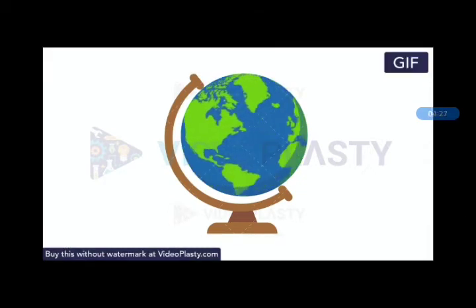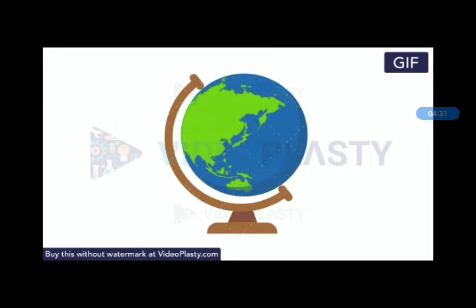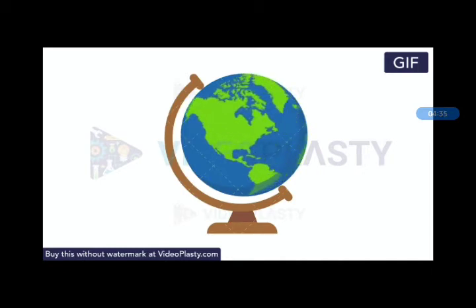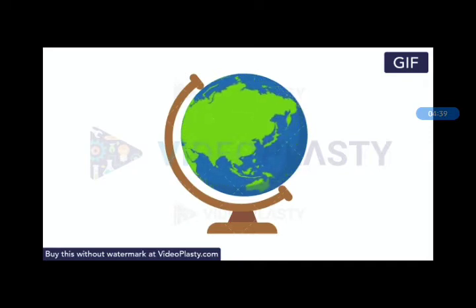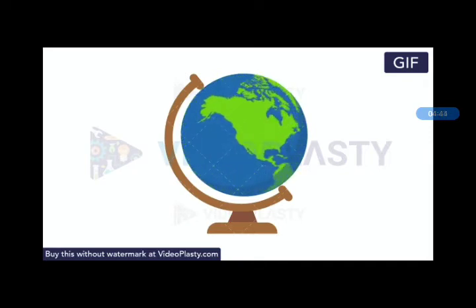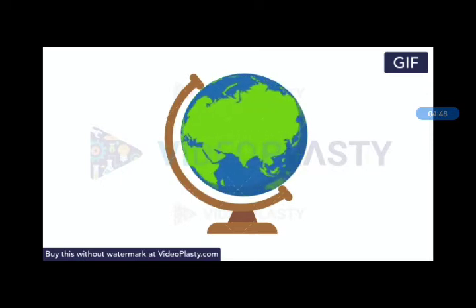So there were two movements. One movement was spinning round and round like a top. In this picture you can see spinning round and round like a top. So the earth spins or rotates on its own axis. Axis is the imaginary line going through the center of the earth.